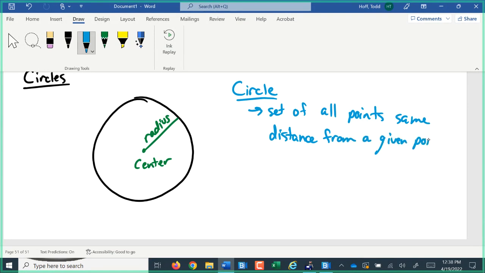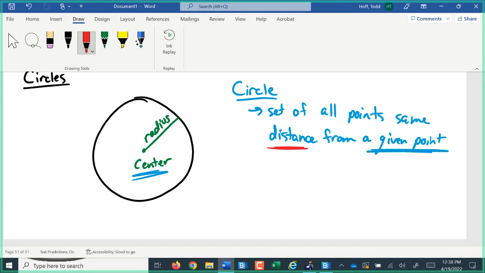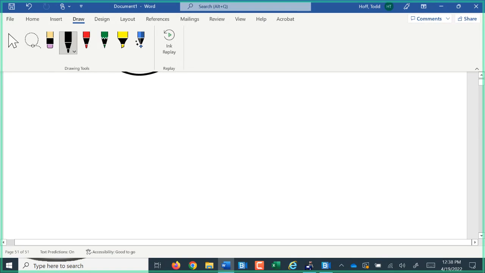Well, that given point is the center. That distance is the radius. So those two features completely define our circle. However, there are a lot of other features of a circle that we use that are very useful.